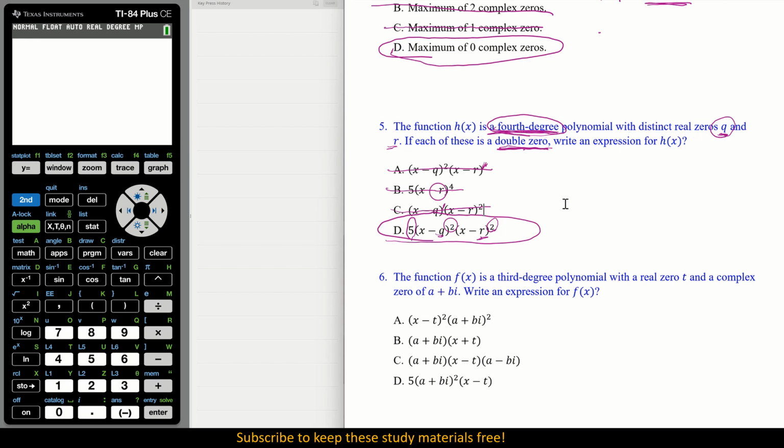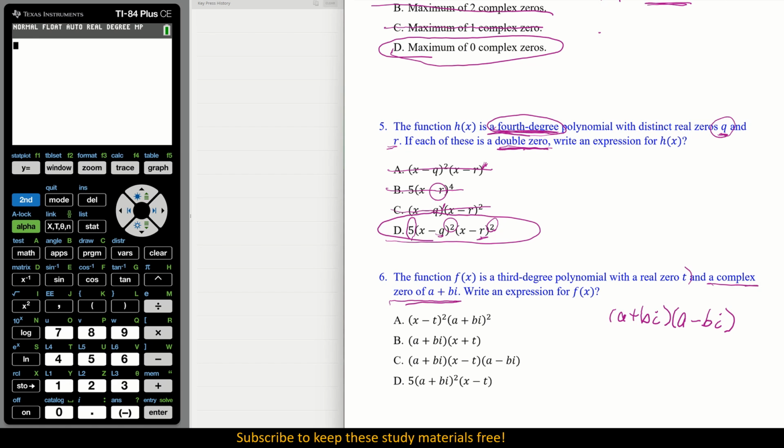Okay, here's the thing. Complex zeros come in pairs, and the pairs are conjugates. The minute they tell you you have a complex of a plus bi, you have to have 2, and they're conjugates. This means that you have a minus bi also. Must have, doesn't matter if you don't have that, it is invalid. At least that has to be there.